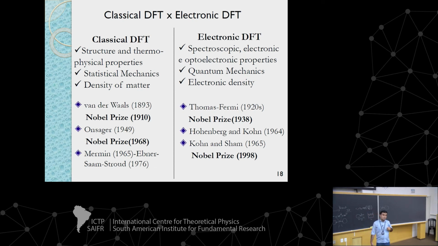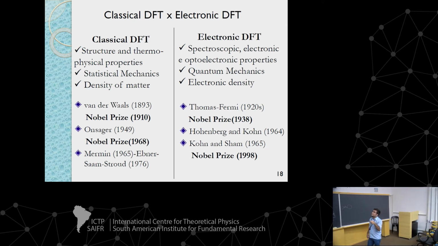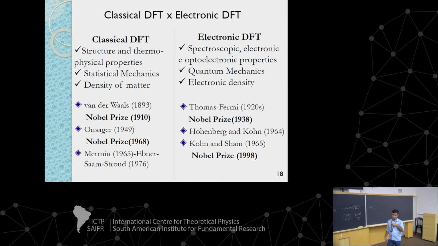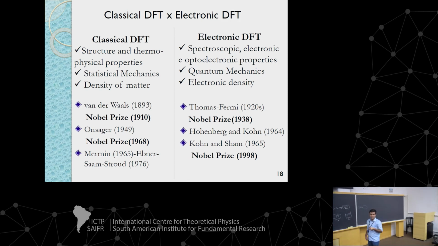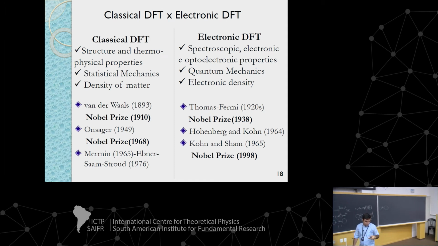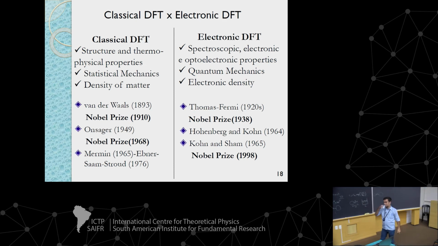And I'm going to talk about the classical DFT. So here I compare the classical DFT with the electronic DFT. The classical DFT is applied to calculate structure and thermophysical properties. While the electronic DFT, also known as quantum DFT, is applied for spectroscopy, electronic, and optoelectronic properties.